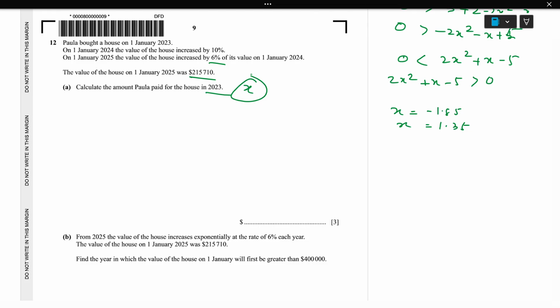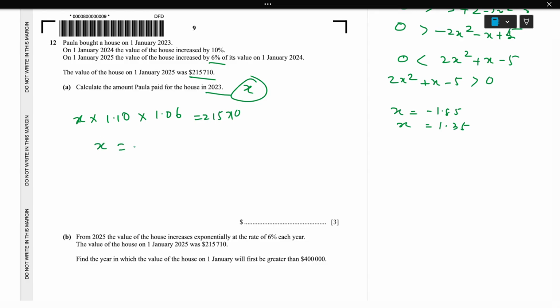So the original value I'll take as x. X is the 2023 amount. Now, x times the first year increase of 10%, which is 1.10, times the second year increase of 6%, so 1.06, equals 215,710.